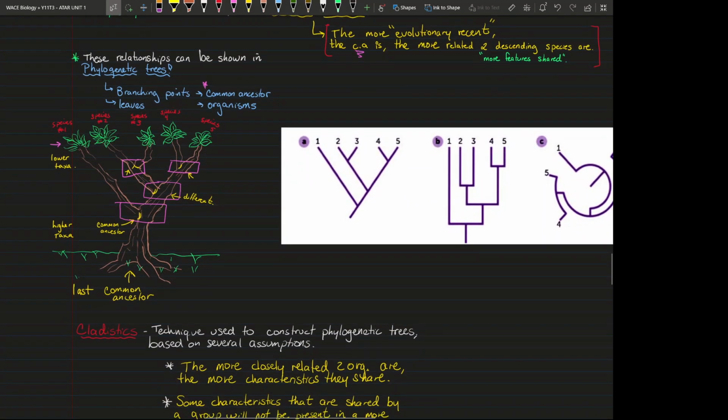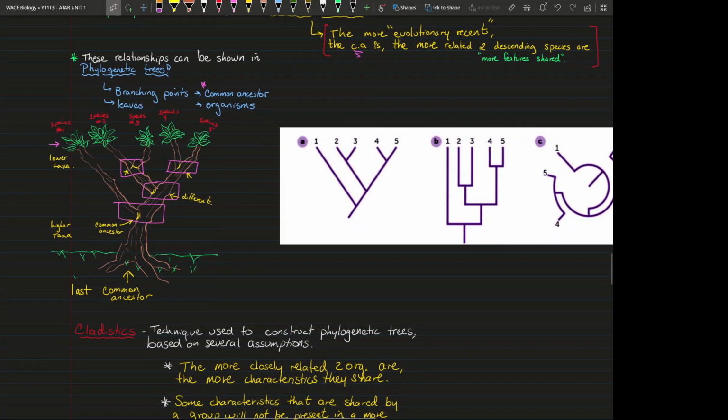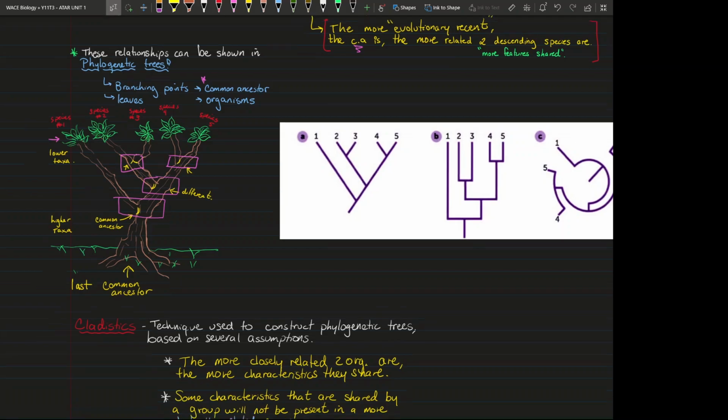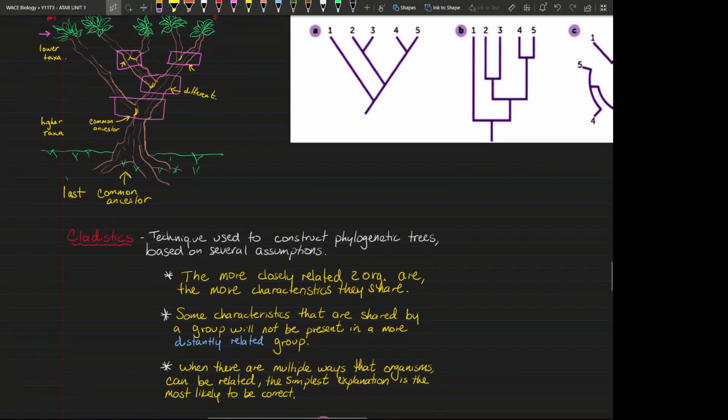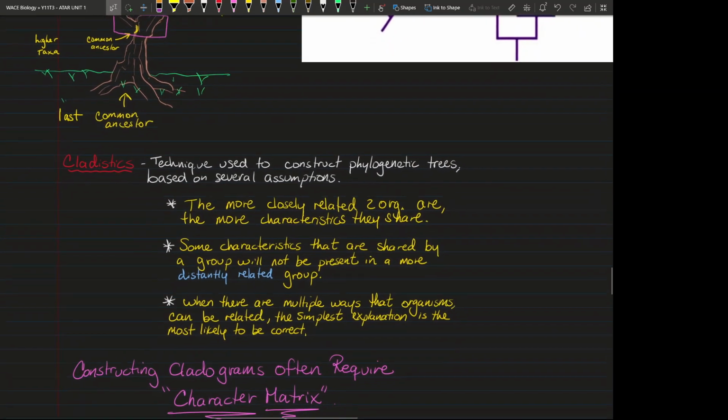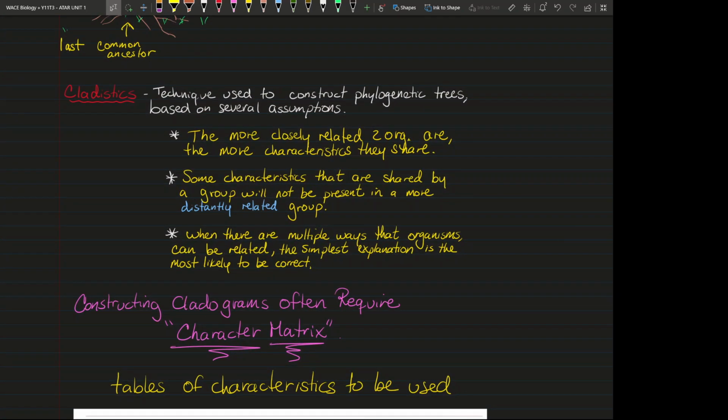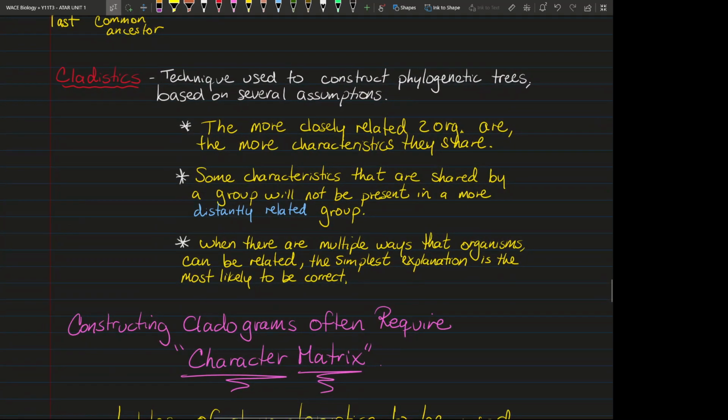All right. Now, phylogenetic trees can be organized in various ways, right? Depending on features that you use, DNA, molecular sequences, and to construct these phylogenetic trees, there's certain techniques that you can use, and one of the most famous techniques, which is based on a couple of assumptions, is called cladistics.